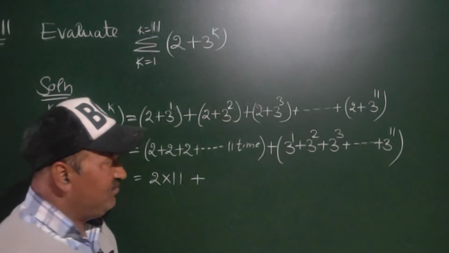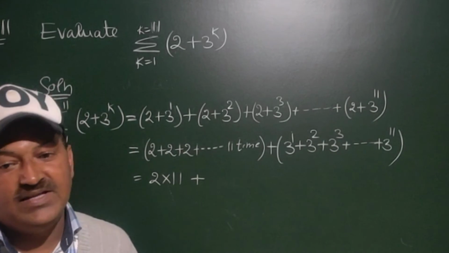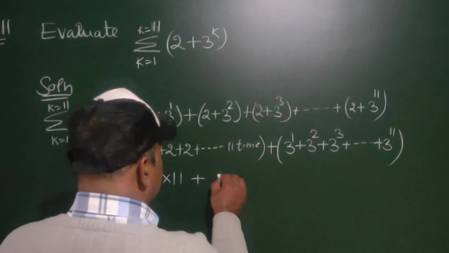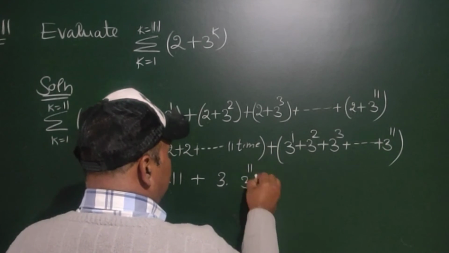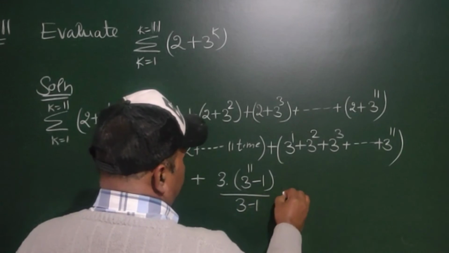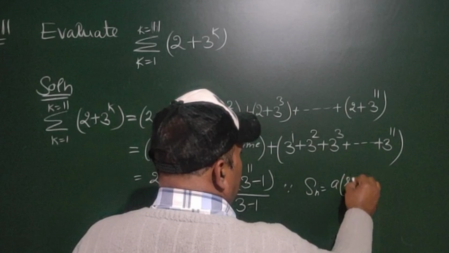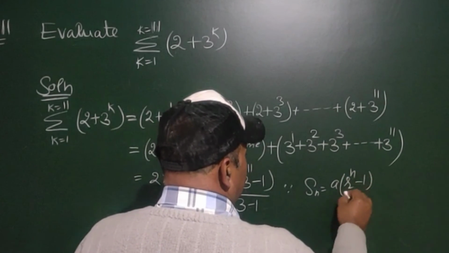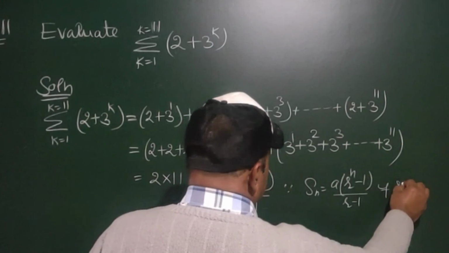Therefore, applying the formula Sn is equal to a into (r^n minus 1) upon (r minus 1), we get 3 into (3^11 minus 1) upon (3 minus 1). Because Sn is equal to a (r^n minus 1) upon (r minus 1) if r is greater than 1.